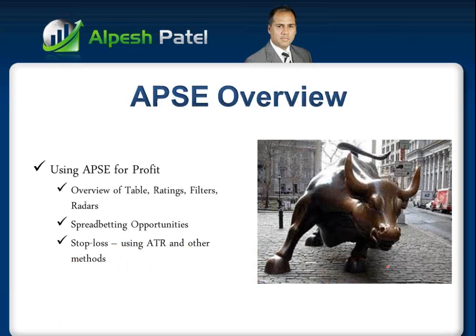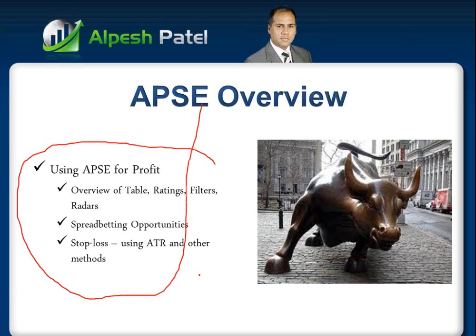So let's start. Like I said, what we're going to talk about in this part is using the Alpesh Patel Special Edition for profit. I'm going to give an overview of tables, ratings, filters, radars, all the things that you see on there, how I use it, how I get stock ideas, and how I get accurate.